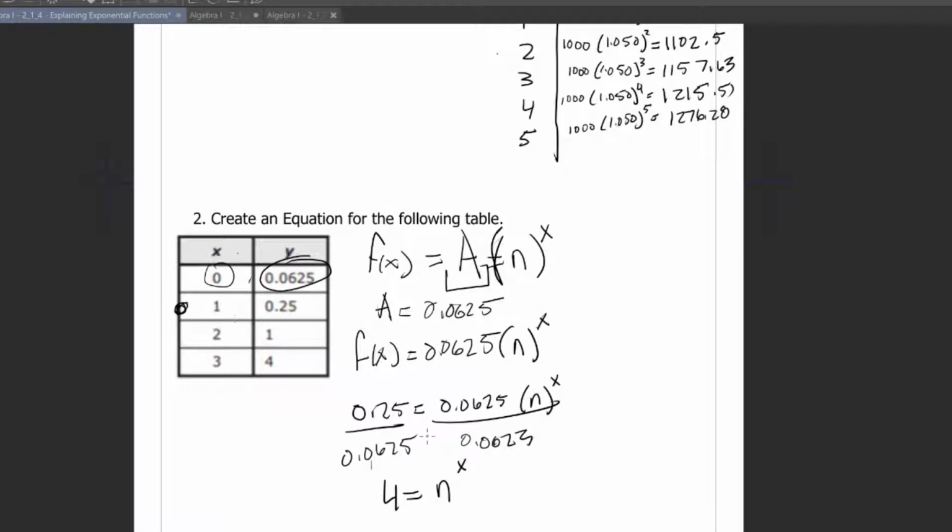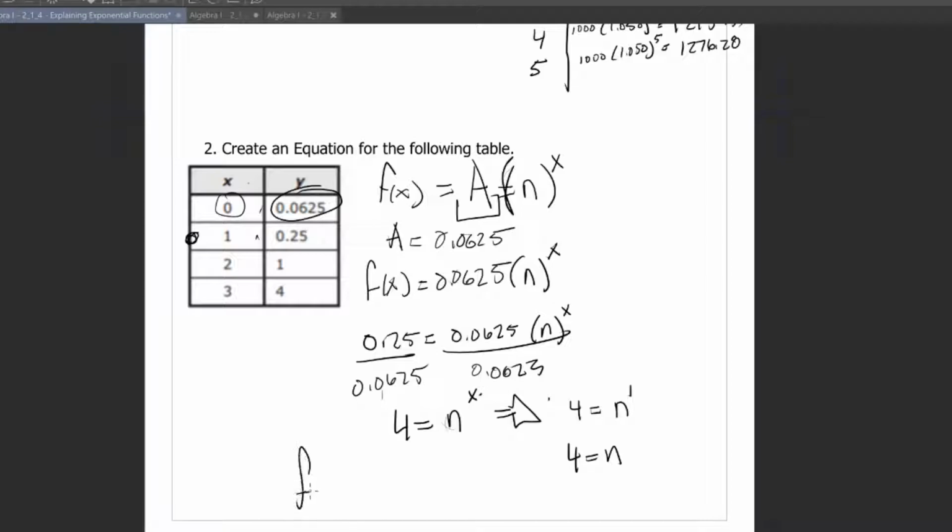We know that x equals 1, right? So anything to the first power is itself. So n to the first power is equal to n. So I'll put arrows there: 4 equals n to the first power, so 4 equals n, okay?